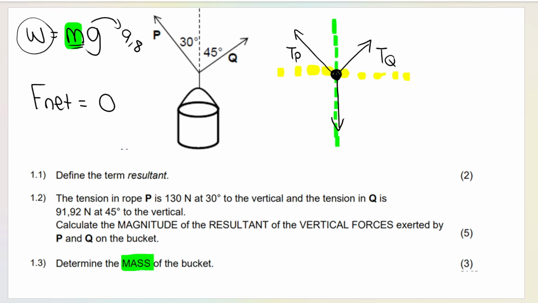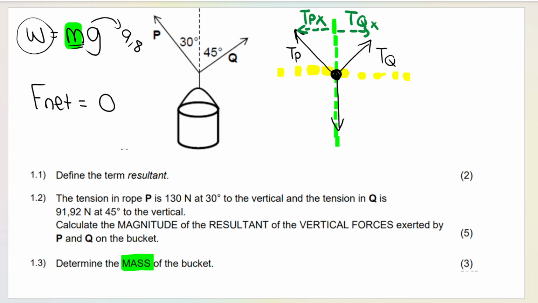I hope you can tell me which forces are acting left and right in this diagram. You can't tell me TP is acting left or right, because it's acting up and to the left, and TQ up and to the right. So what you'll have to tell me is, yes ma'am, but remember, we can break this down into its components. So TPX is acting to the left and TQX is acting to the right.